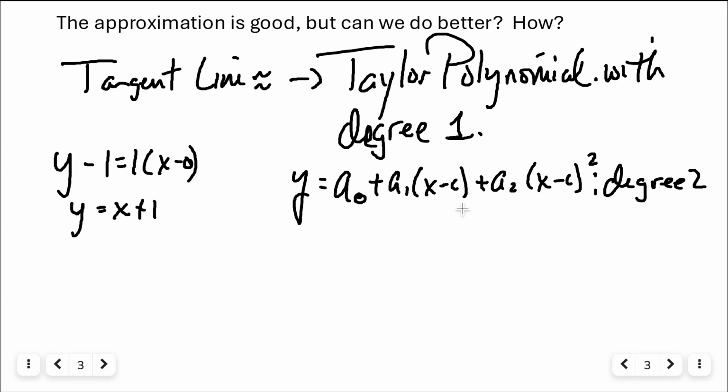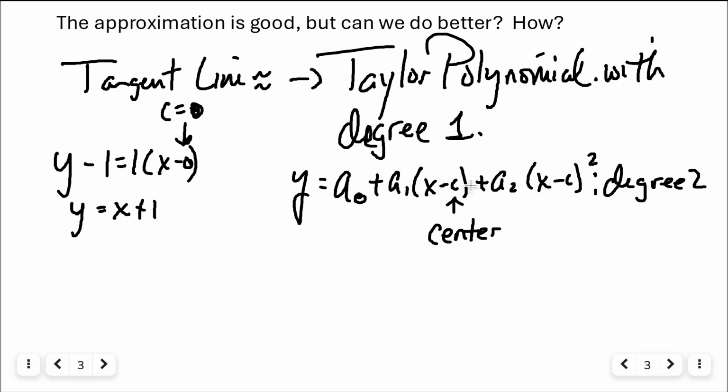And again, so that we have an idea, a lot of these definitions are going to be coming up very soon. This c here is called the center. By center we mean it's where the line or polynomial is built around. So for example, in my tangent line approximation here, c is equal to 0, because I built my tangent line, I put the point of tangency at 0.